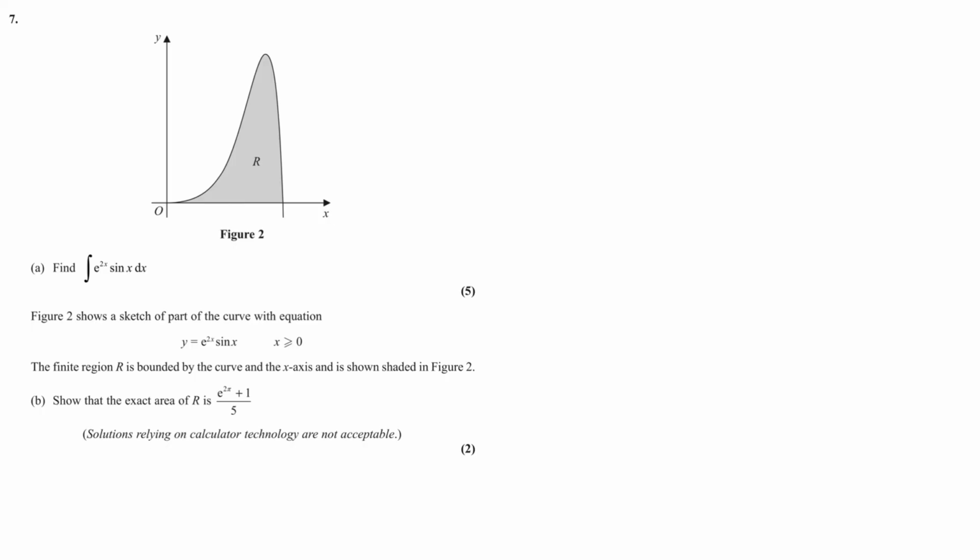So we've got integration by parts here for part A. If we're integrating e to the 2x sine x dx, then in this case it really doesn't matter which one I call u and which one I call dv by dx, because they're both pretty much as easy as the other one.